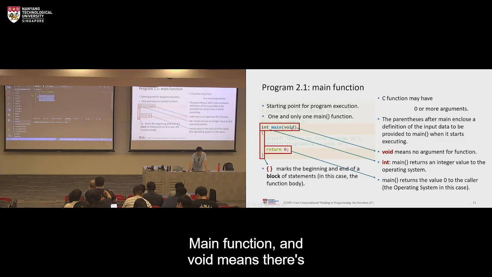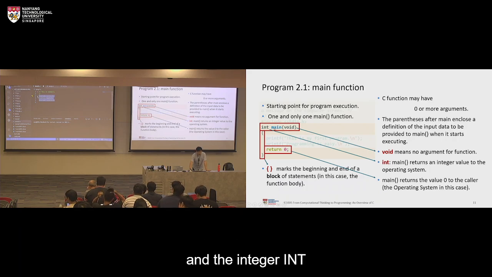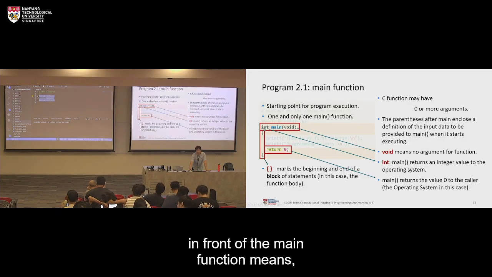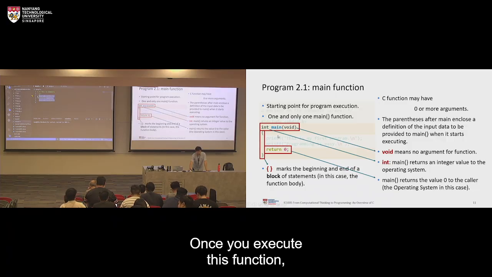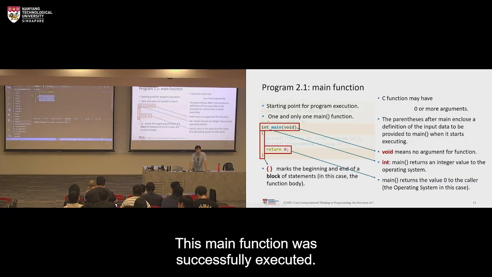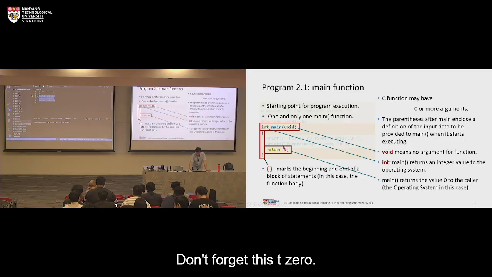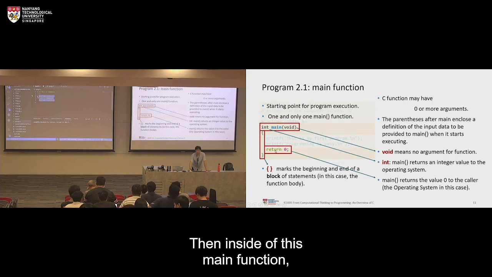Void means there's no input argument for this main function. And the integer int in front of the main function means this function will return an integer value. Once you execute this function, you will write return 0. Returning 0 means this main function was successfully executed. So don't forget this return 0. Okay, and then inside this main function, you will write the main body.